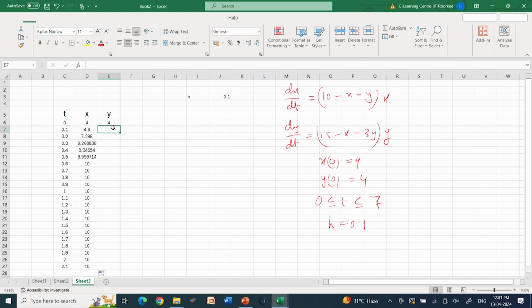Again here this is equal to y0 plus h times, multiplied by 15 minus x minus 3 times y multiplied by y.